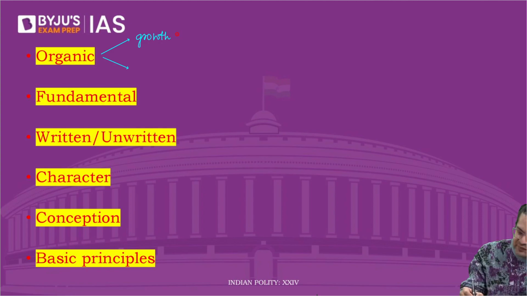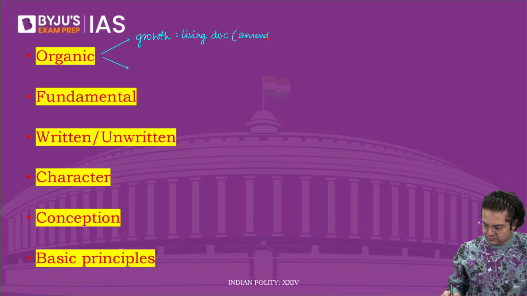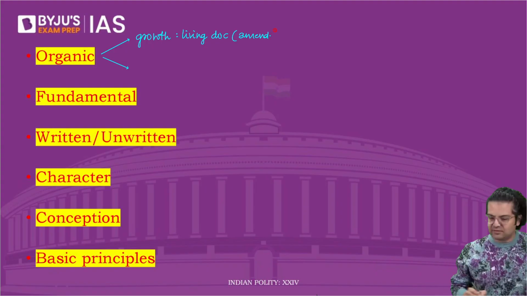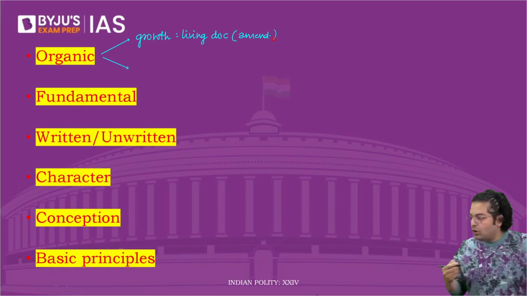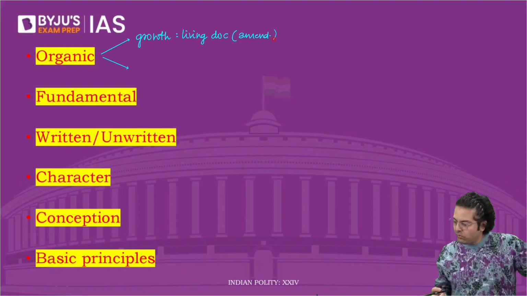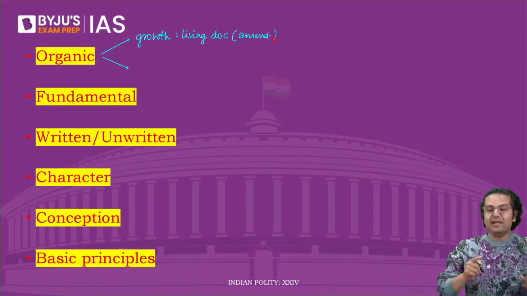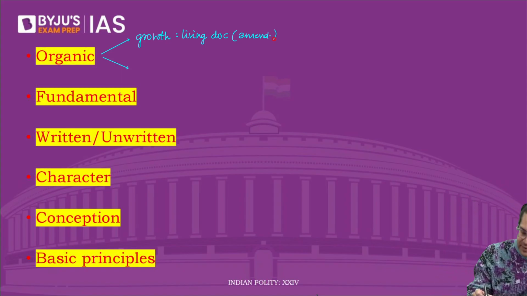We call this a living document. Yes or no? Because there is always a possibility of what? Possibility of amendments. Organic also means a document which contains administrative details.